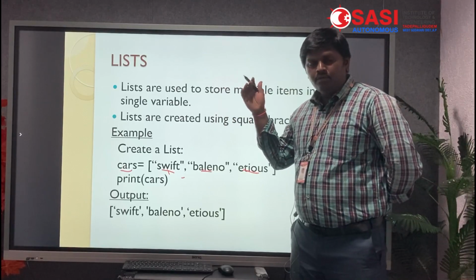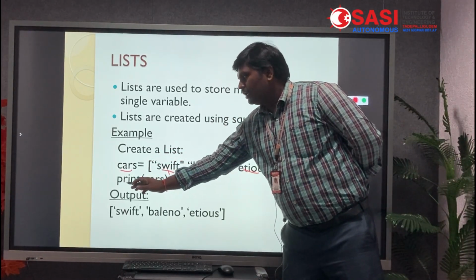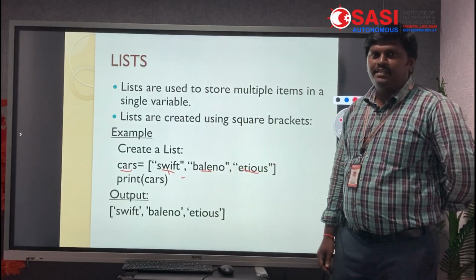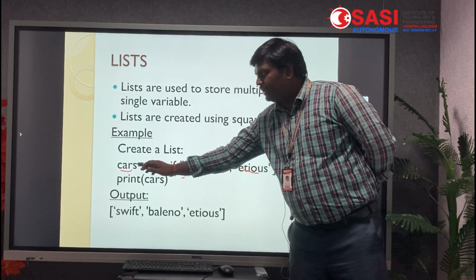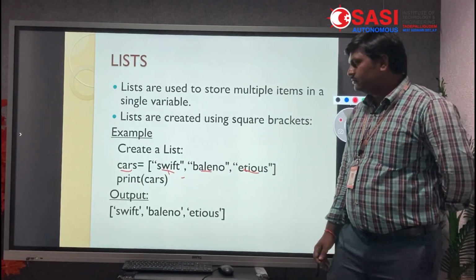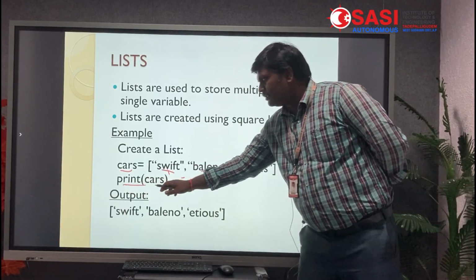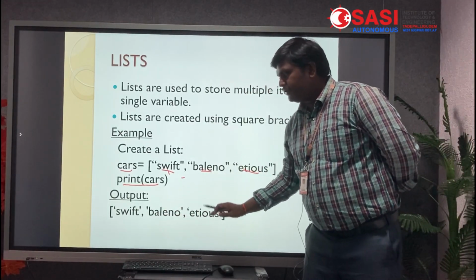If you want to display the list values, simply use the print statement, print of cars. Cars is the list name. The output of this statement is Swift, Baleno, Etios.